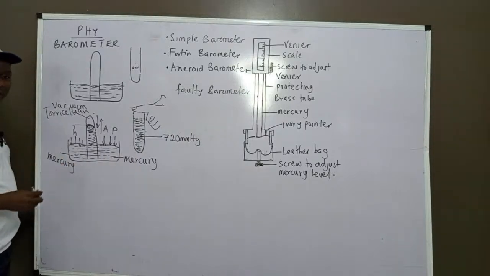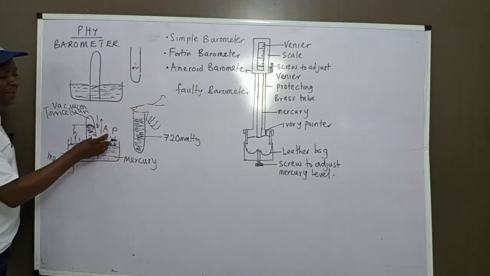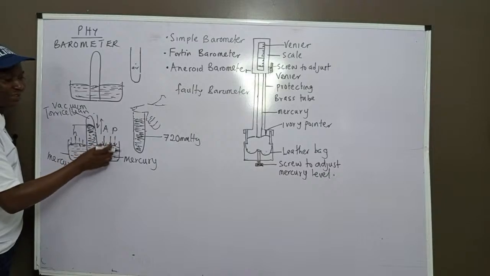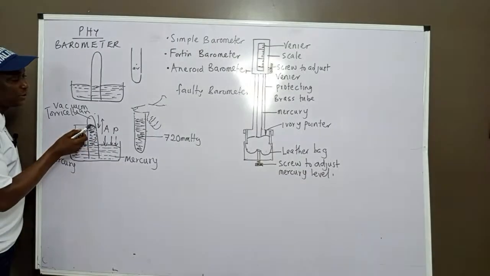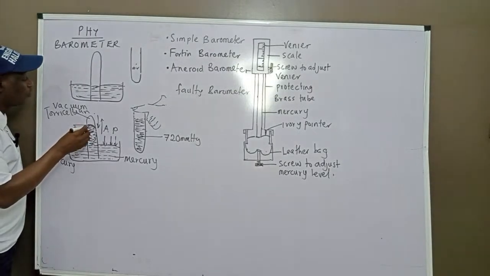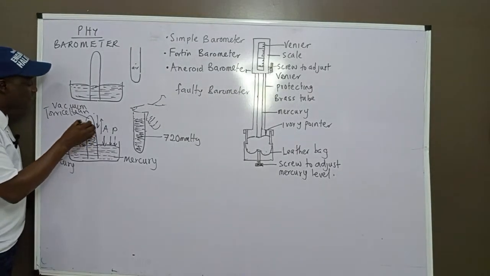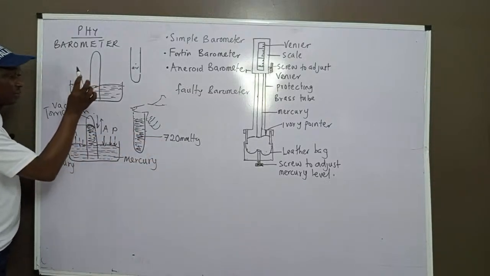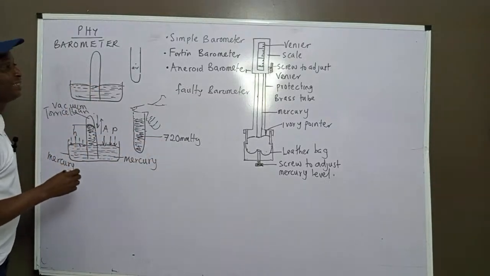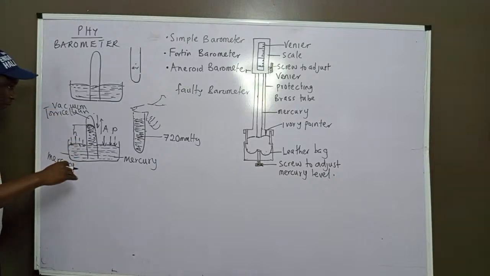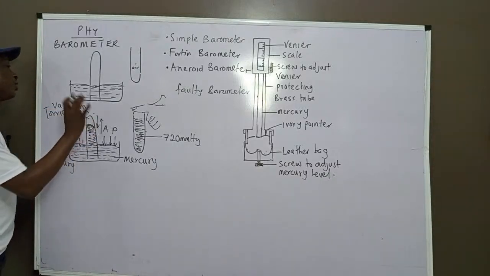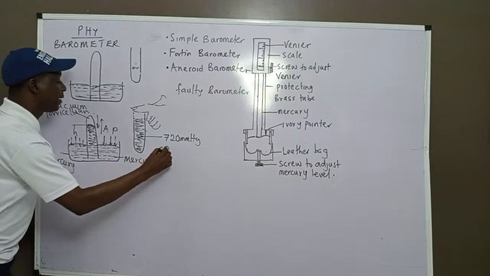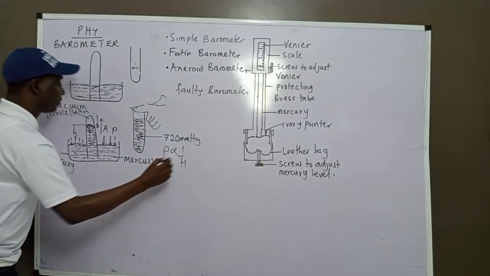to do this experiment, and the atmospheric pressure is 760 millimeter mercury, now the pressure will drop. That means the mercury height will fall in order for this pressure to be raised. Don't forget that pressure is inverse to height.